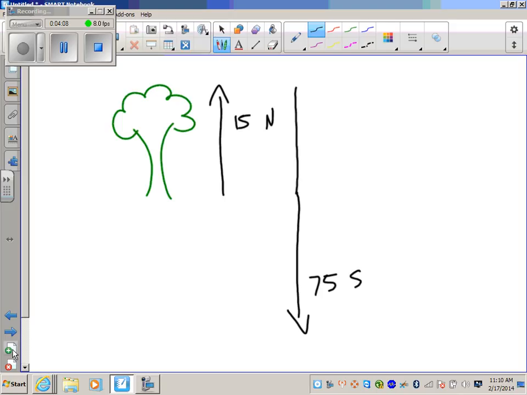How many did we just walk? No. 90. We went from the top here, got down to 15, walked an additional 75, which took us there. So what's a third of 90? 30. So I'm going to go 30 more steps. It's going to put me where? Add 30 to 75. So I'm going to go 105 steps south.